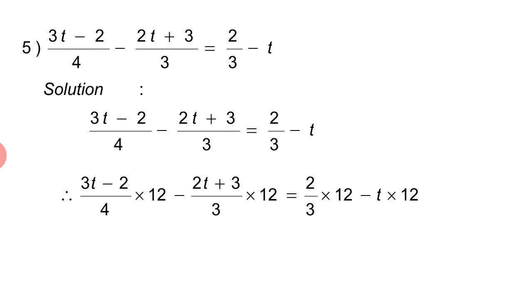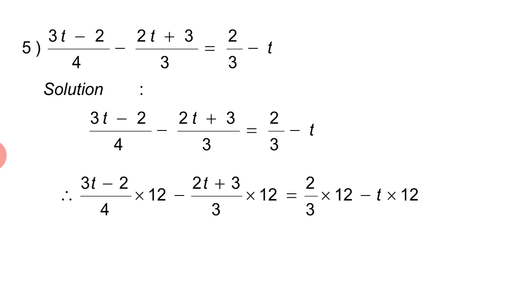So now here, if this is very complicated, can we simplify it just by multiplying the whole equation by 12? Am I supposed to do it, or is it allowed? So we say yes. If you are multiplying both the sides by 12, then it is correct. It is not changing the equation.